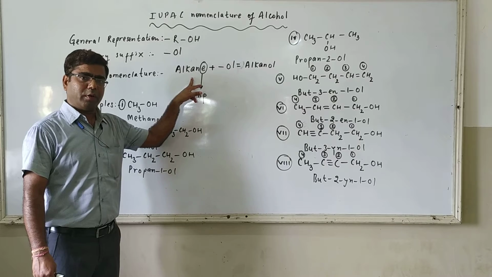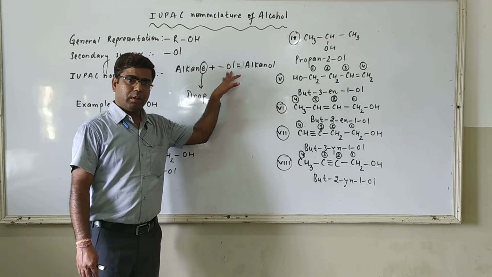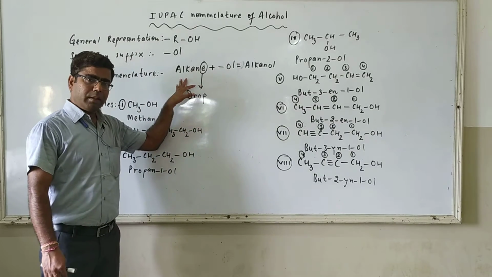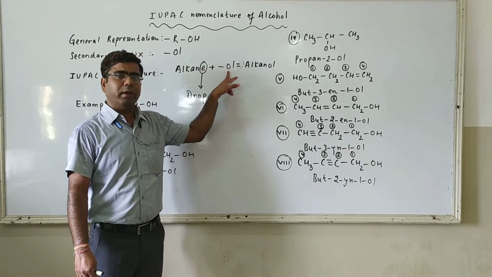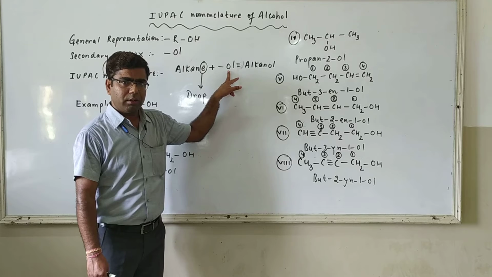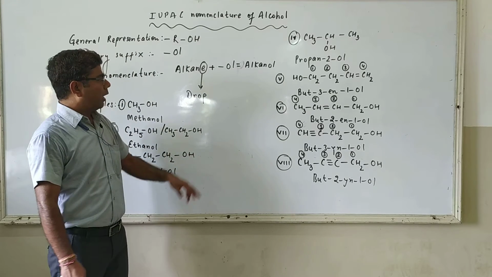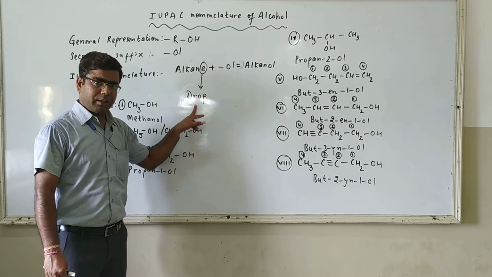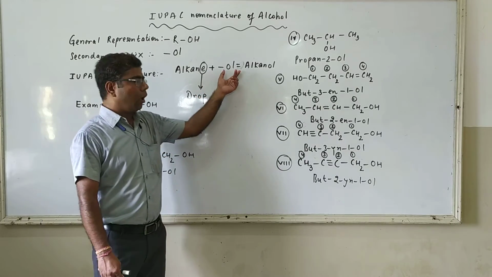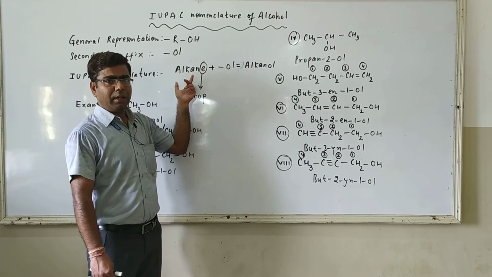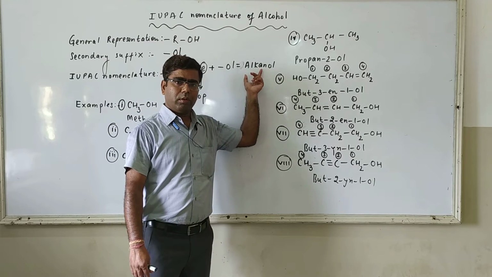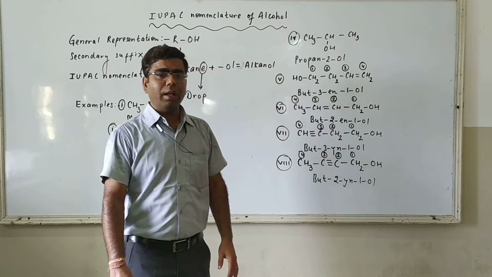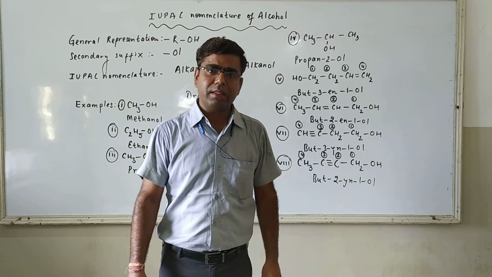The secondary suffix for the alcohol group is "ol", which is added to alkane because the starting letter of the functional group is a vowel. So we will drop the E from alkane and then add "ol" to the remaining part, so it becomes alkanol. Means all alcohols are named as alkanol.